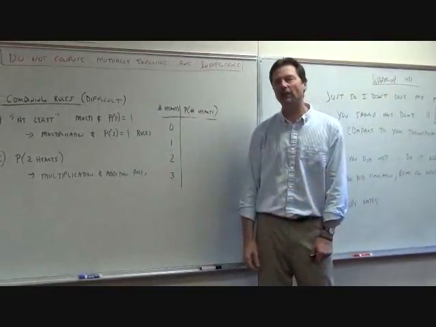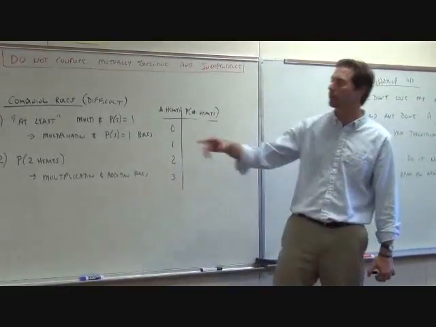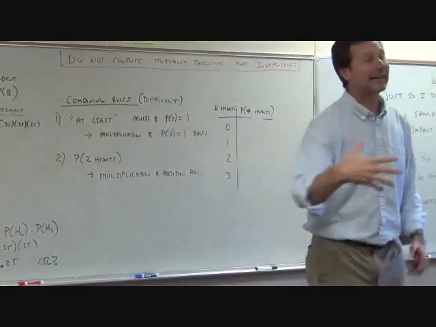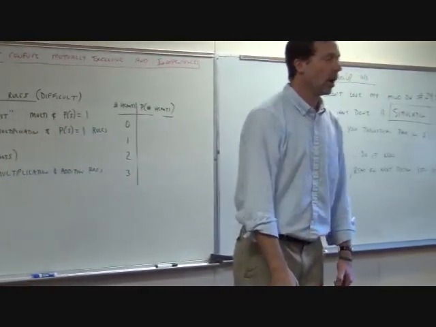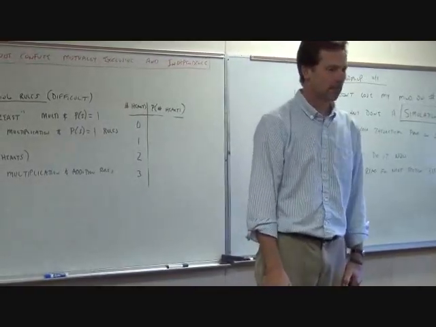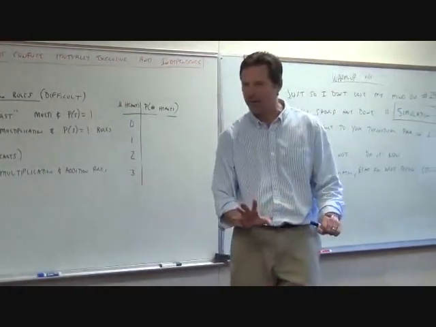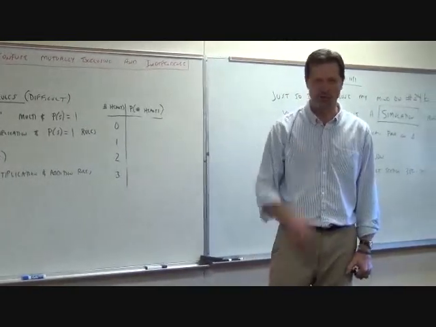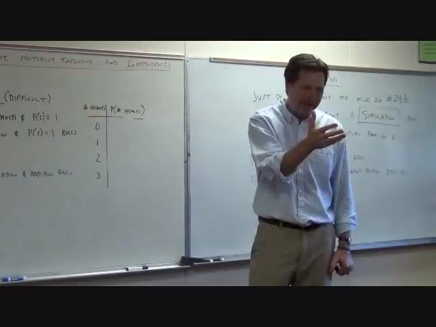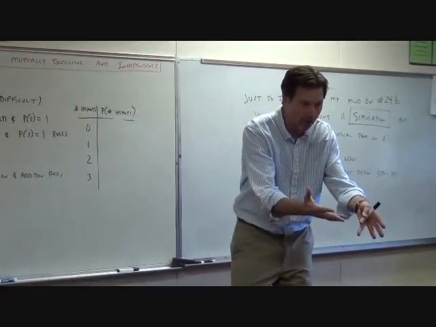Now, what if I ask you the question? I want you to tell me the probability that I will have at least 1 heart in my hand. At least is a key phrase that I want you to be on the lookout for. What does it mean if I'm asking you for the probability that at least one of those cards is a heart?